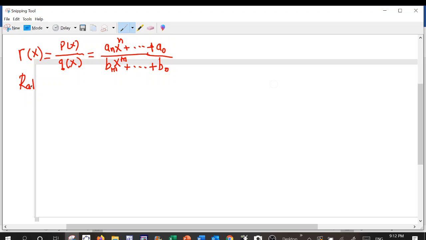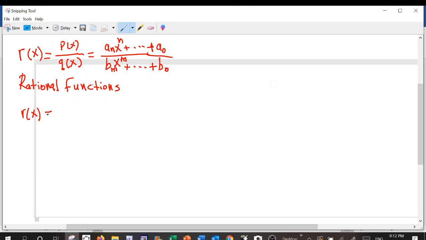These are called rational, from ratio, right, functions. So rational functions are basically polynomial over polynomial. That's a rational function. So let's look at some examples.